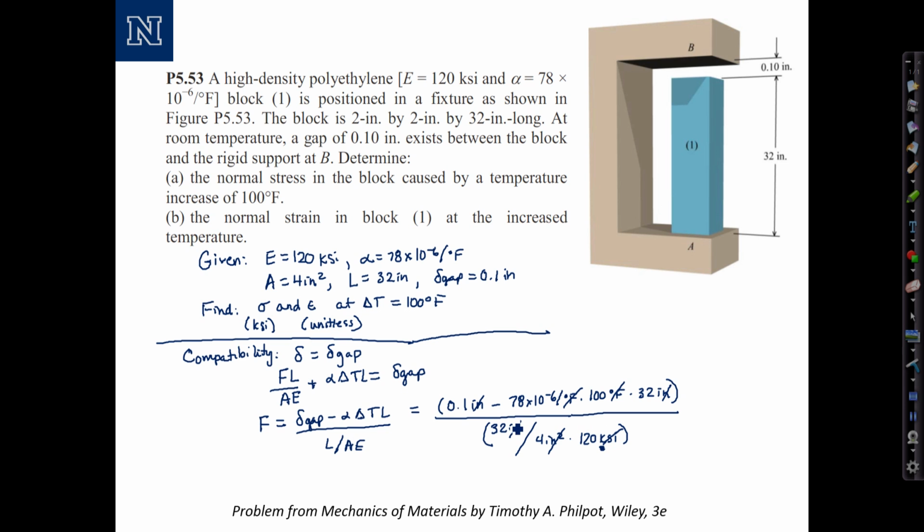And it's 1 over kips, which is going to bring kips to the top. Gives us a force in kips as we are looking for. The numbers, if you punch this into your calculator, you're going to get something like negative 2.24 kips. Okay, so that is our internal force.